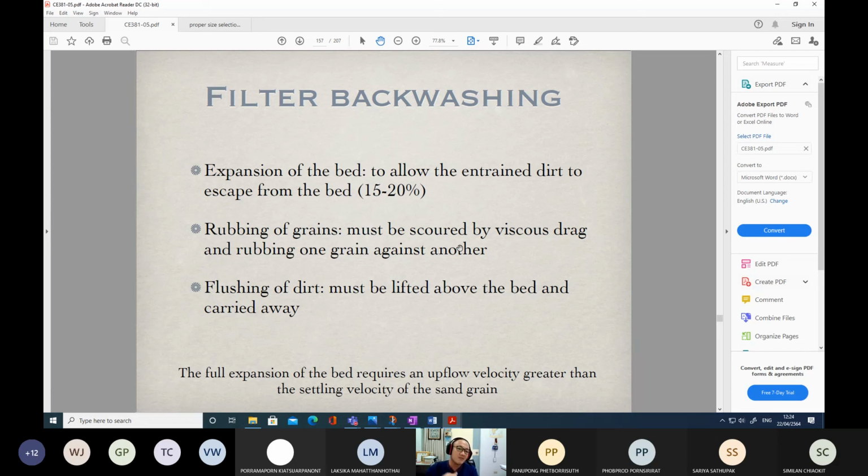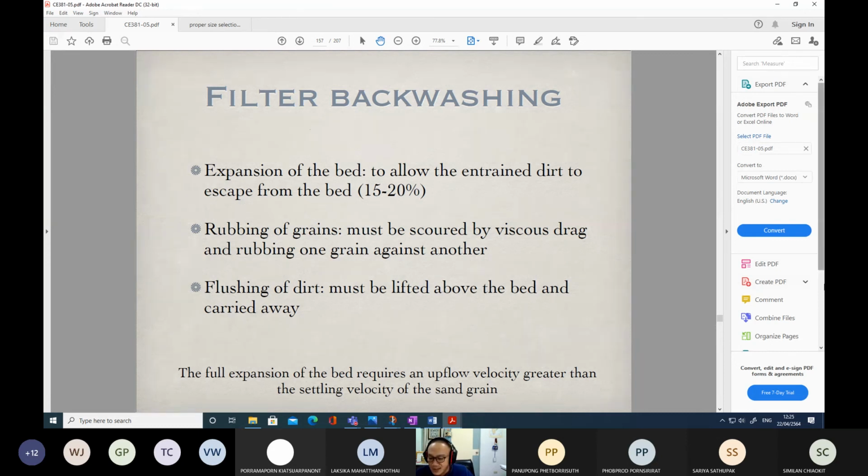So I mean, if we put the sand in after we filter the water, if the depth is 50 centimeters, after backwashing the depth will expand a little bit, about 15 to 20%. Some of the dirt will be flushed out during the backwashing process.